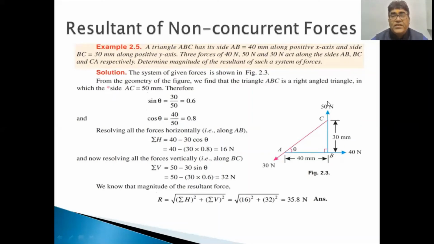Resolving the 30 Newton force, which makes an angle theta with the horizontal, its vertical component is the sine component, and since it acts downward, it is negative: minus 30 sine theta. Sine theta value is 0.6. Therefore, solving the whole part, we get summation V as 32 Newton.